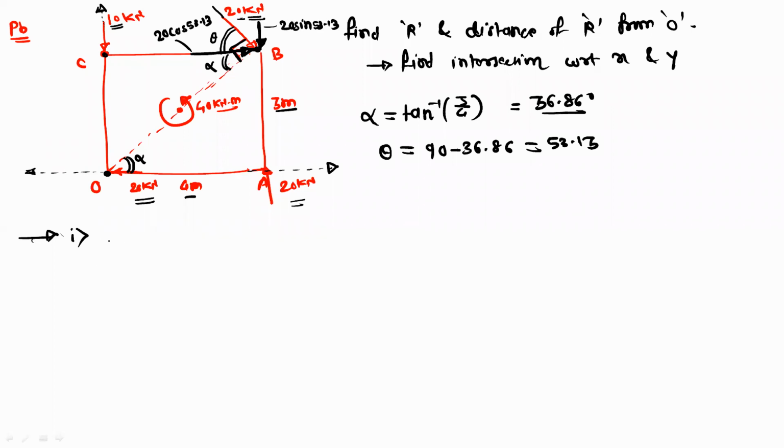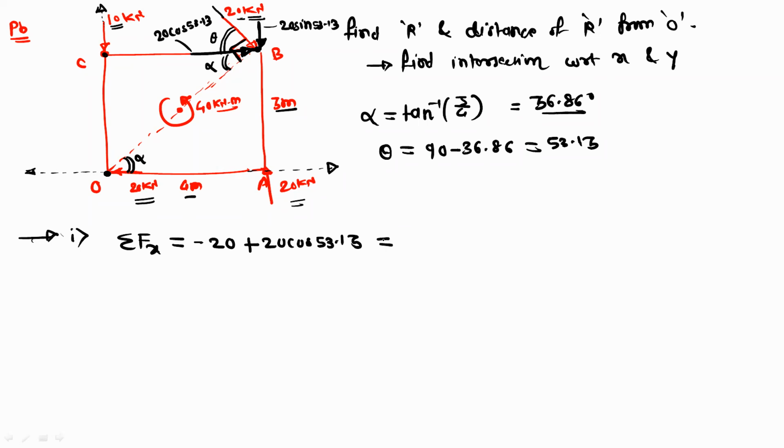Now you can find out the resultant by using summation Fx and summation Fy. First find out the summation Fx. For summation Fx, this 20 is in the negative x direction, so minus 20. Then 20 cos 53.13 is positive, so plus 20 cos 53.13. So there are only two components in the x direction.